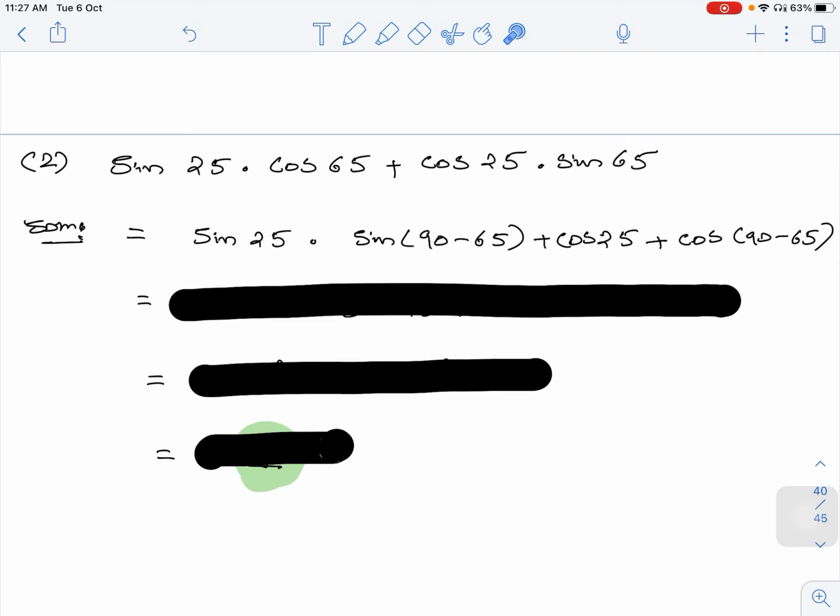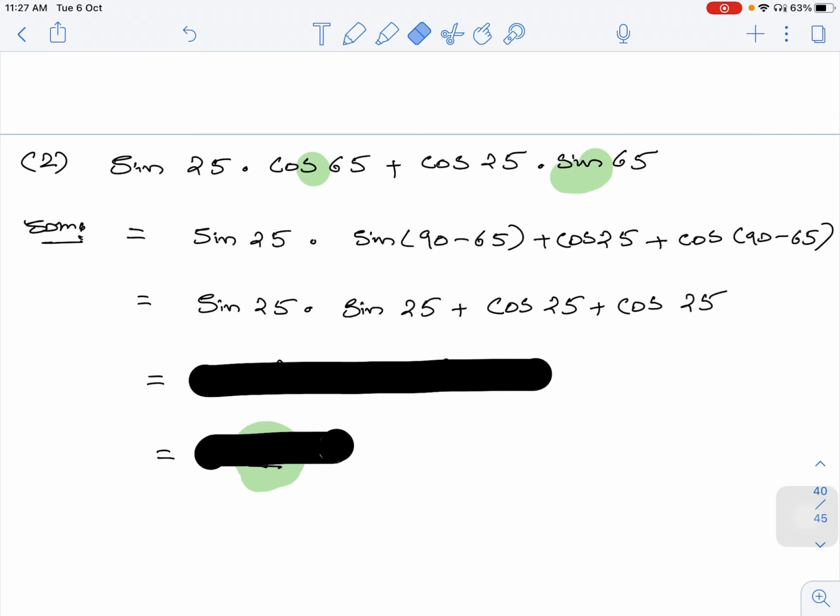So we have written the complement of these two angles. In the next step, this sine 25 is as it is. Now this sine 90 minus 65 will become sine 25 again. This cos 25 is as it is, and this cos 90 minus 65 will become sine 25... as it is.